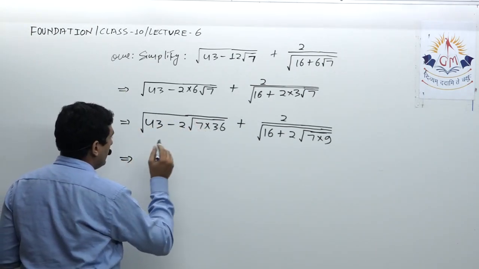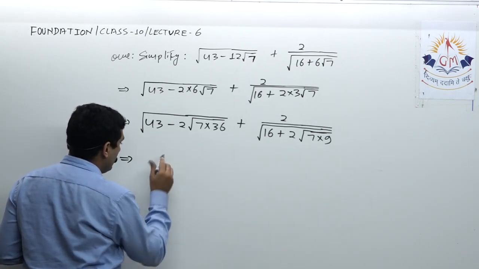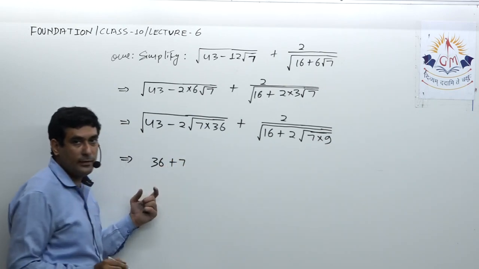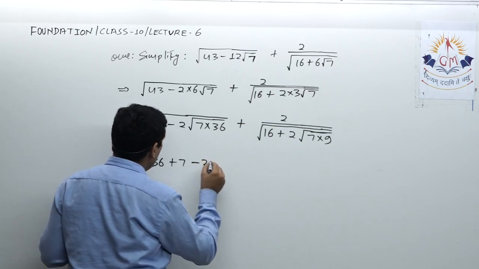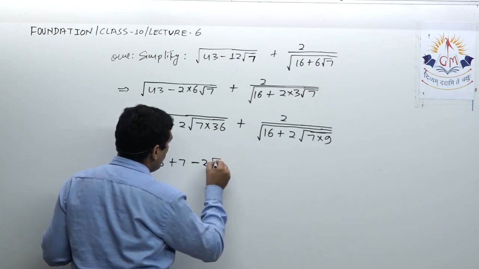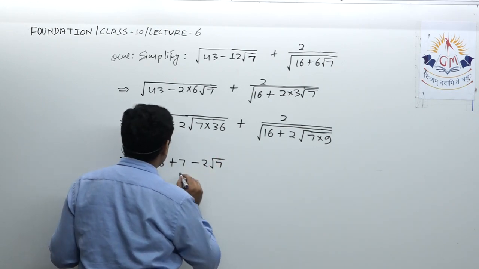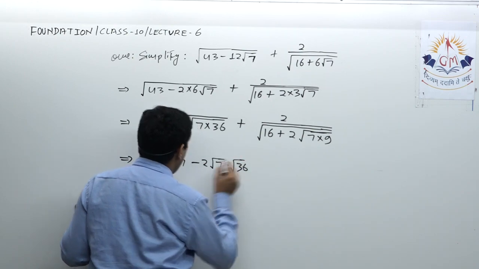So next here I do write 36 plus 7, as I told you x is greater than y, minus 2 root 7 into root 36.